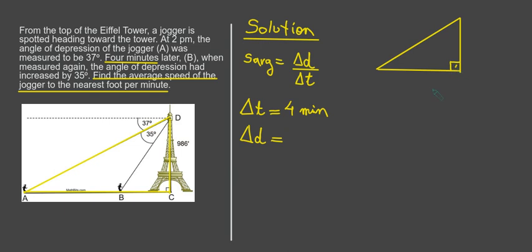So here is the right angle. We have that the height here of the tower is 986 feet, and we desire to discover what is the distance from point A to point B, because that is the displacement that we are looking for here in order to find the average speed of the jogger.